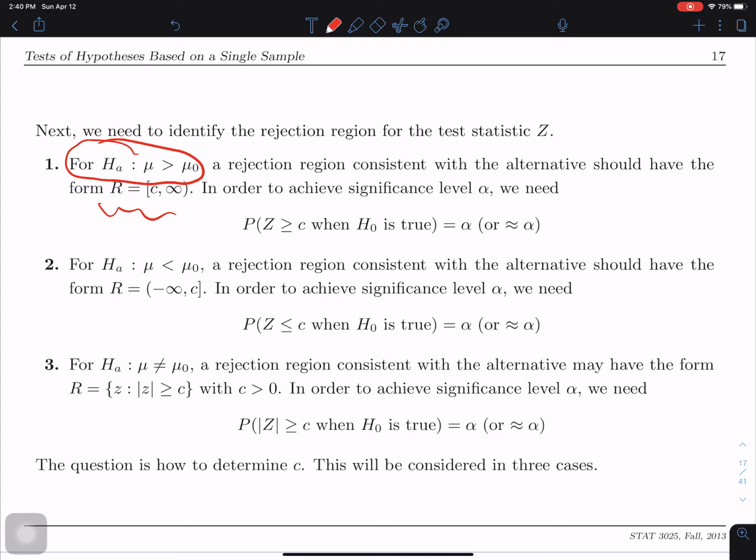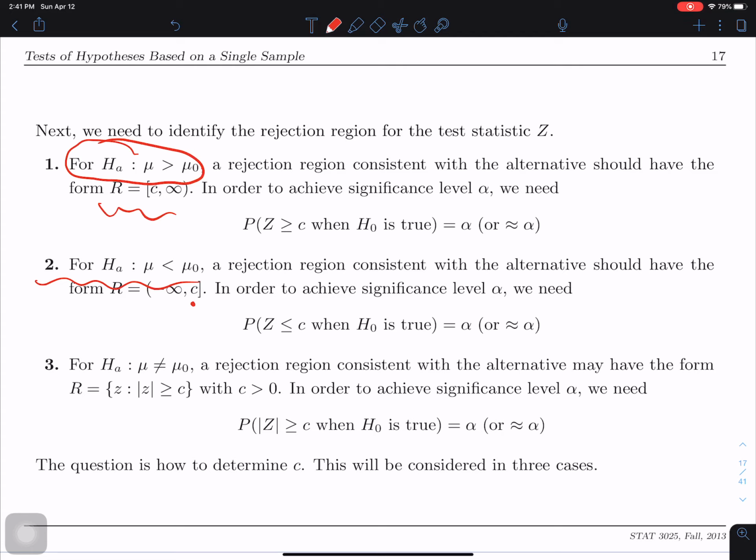And for the second type of alternative hypothesis, HA is mu less than mu 0, then my rejection region should be a range that is less than the constant c. That is to say, when my observed value is less than something, then we can have confidence that H0 is not true and HA is true.